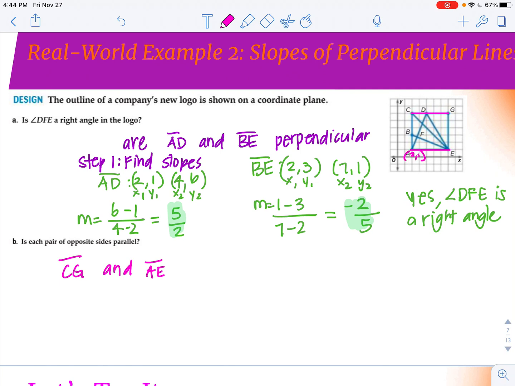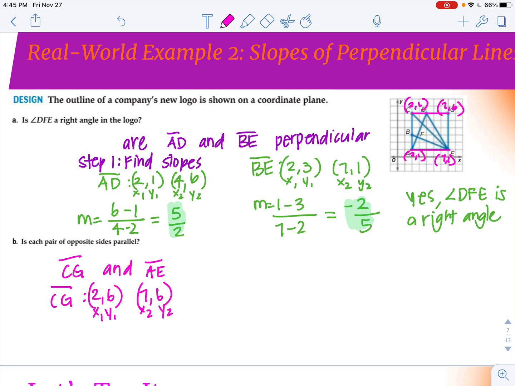So we have 2, comma 1, and 7, comma 1. And then 2, comma 6, and 7, comma 6. So CG is 2, comma 6, and 7, comma 6.